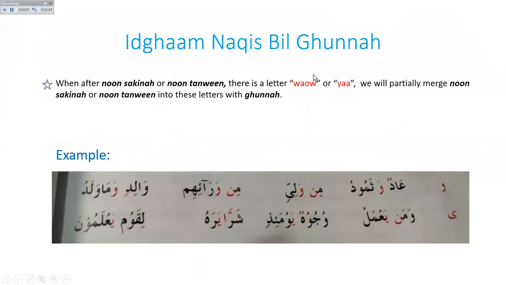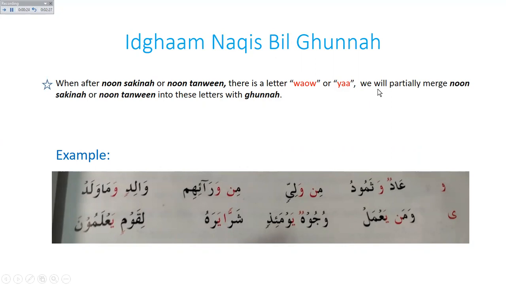Now we're going to learn idgham nakis bil gunna. Whenever after noon sakina or noon tanween there is a letter waw or ya, we will merge noon sakina or noon tanween into these letters with gunna. We are going to incompletely merge.